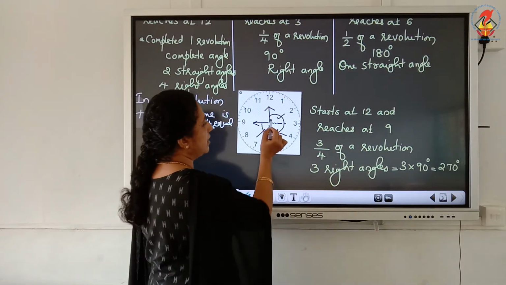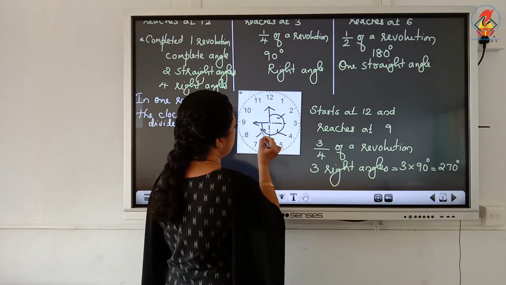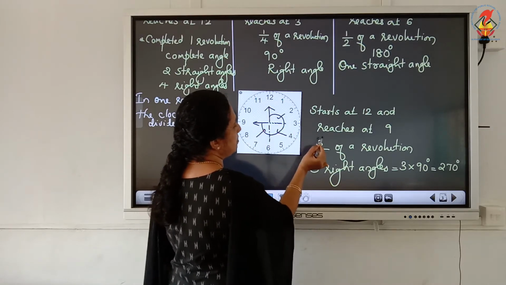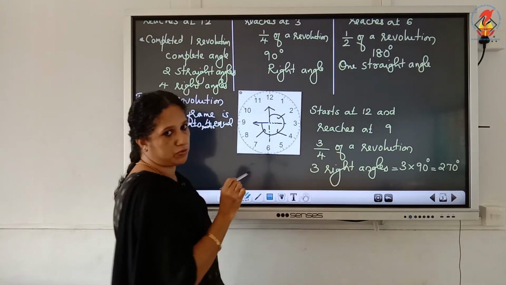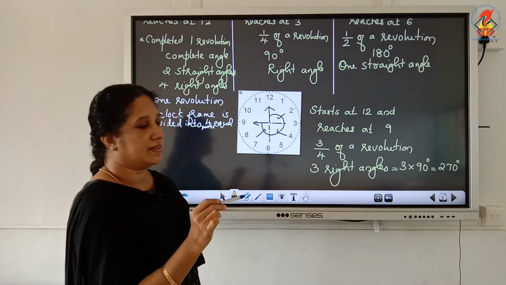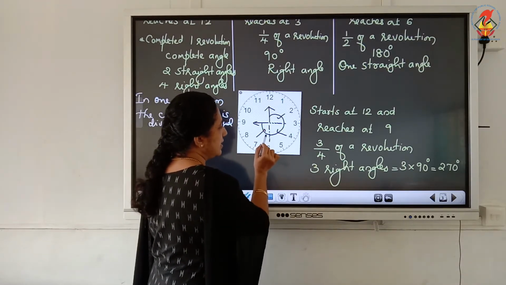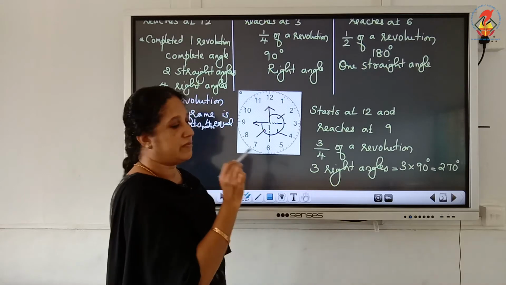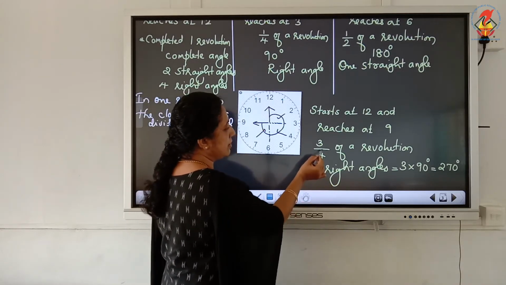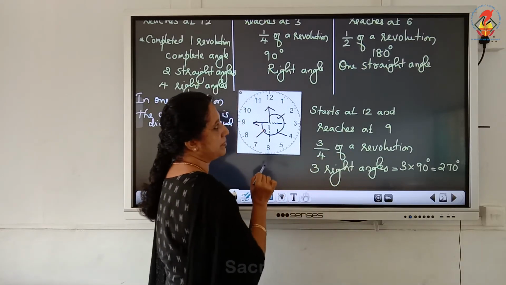So when the hand of a clock starts at 12 and reaches 9, it will be 3/4 of the revolution, because here you can see 3 right angles. When you are getting 3 right angles, it will be 3/4 of the revolution.